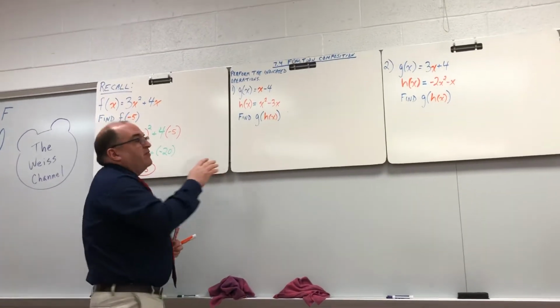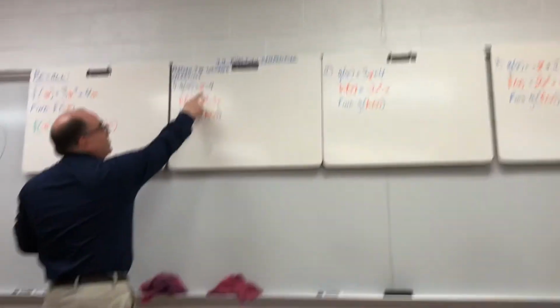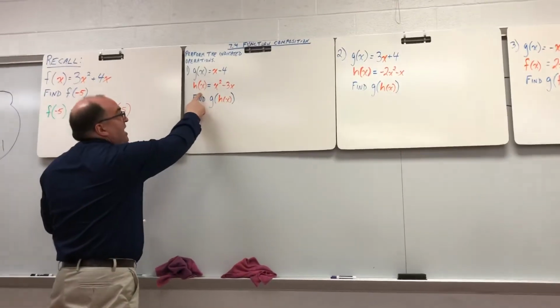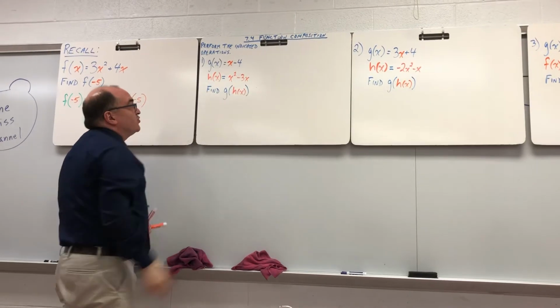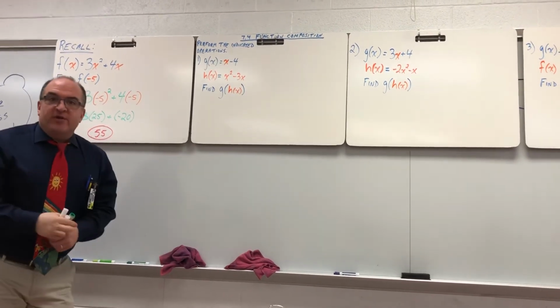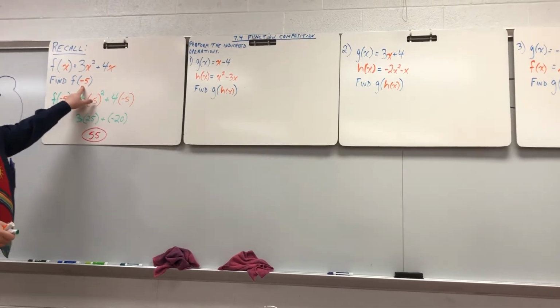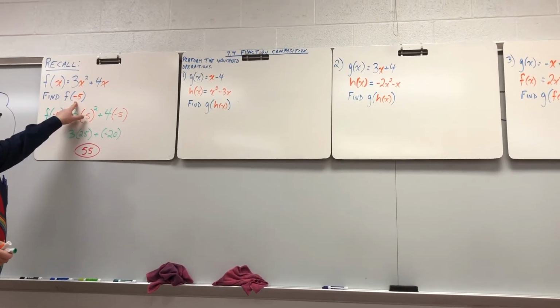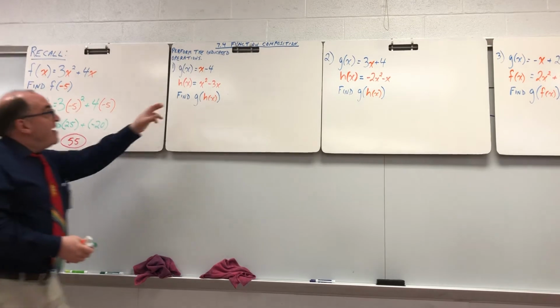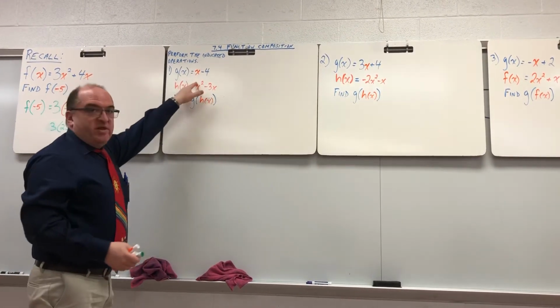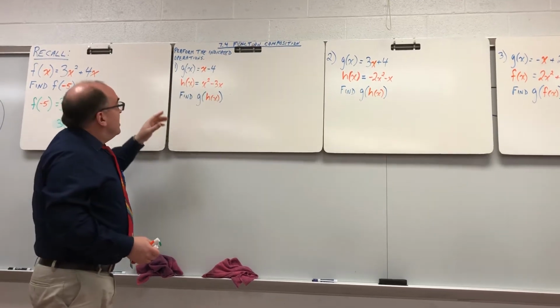If you have g of x equals x minus 4, and h of x is x squared minus 3x, all right? The difference here is, here we had f of negative 5, right? All we had to do was put in a number for the letter. Now we have this whole mess that we're substituting for the letter, okay?